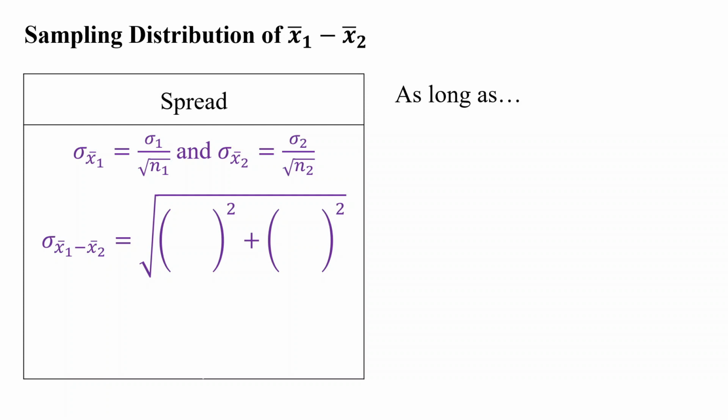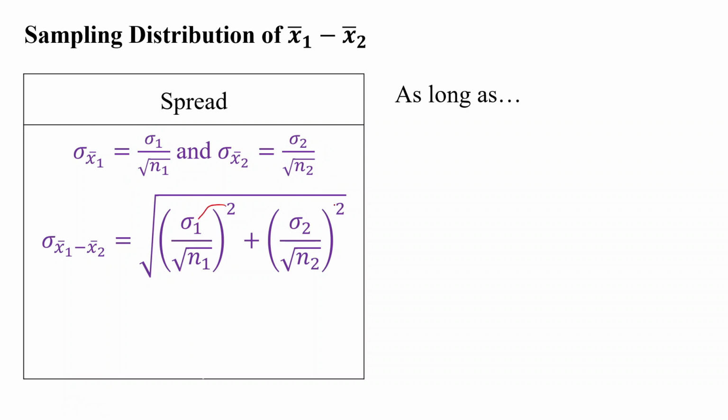We always add variances. So this is kind of the skeleton template we have here, the square root of both variances added together. So to get the variance, we square the standard deviation. So in parentheses, you're going to see I'm going to put each of these standard deviations. Once each of those go in there, I can just simplify it a little bit, right?